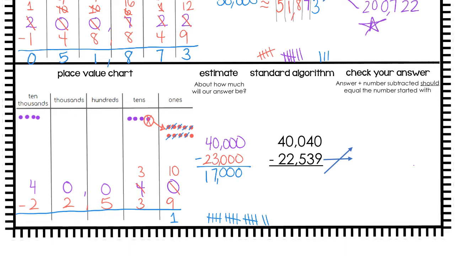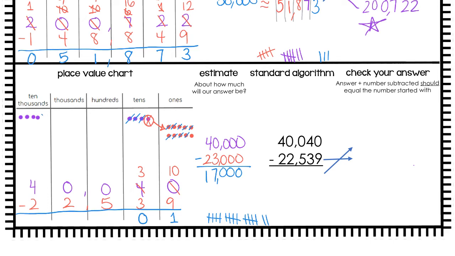Then we come over to our tens place. I have 3. Can I take away 3? Yes, I can. 1, 2, 3. That is 0. Then we come to our hundreds. We immediately see there are 0 hundreds and 0 thousands. So I cannot take away 5, nor can I regroup from the thousands.